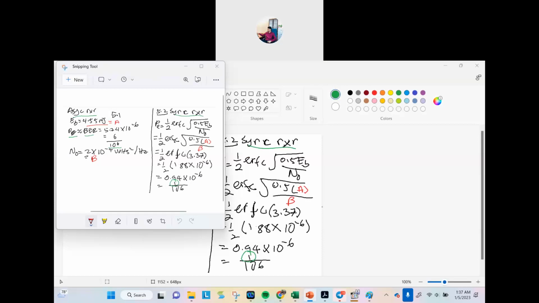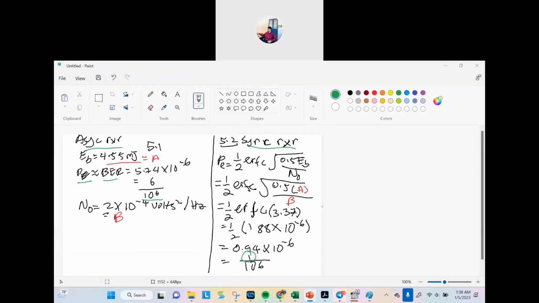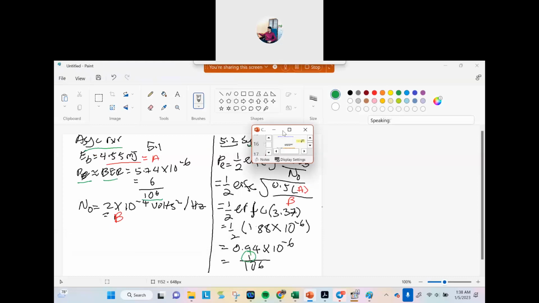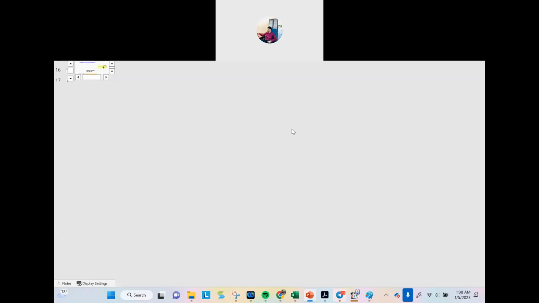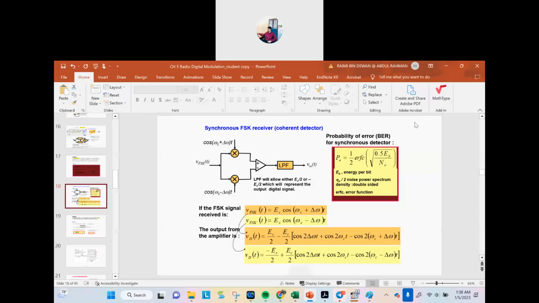Okay, so next, let us now try to visualize this one. Let's say we have input VFSK equals EC cos omega C plus theta omega.